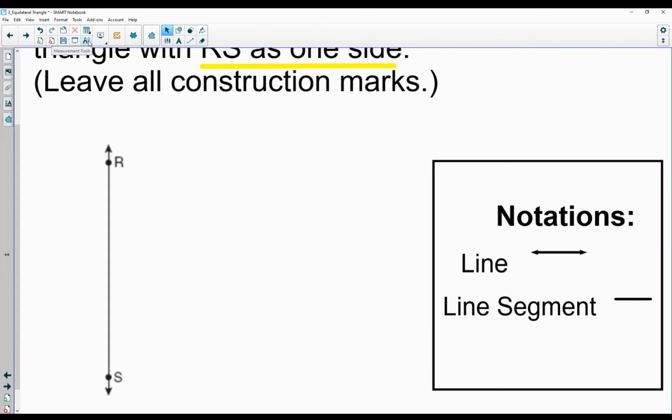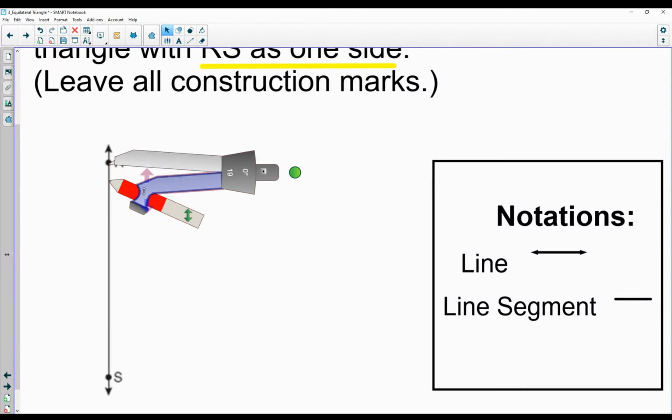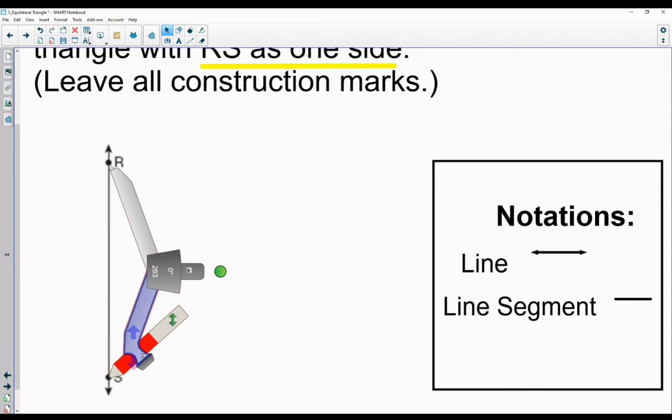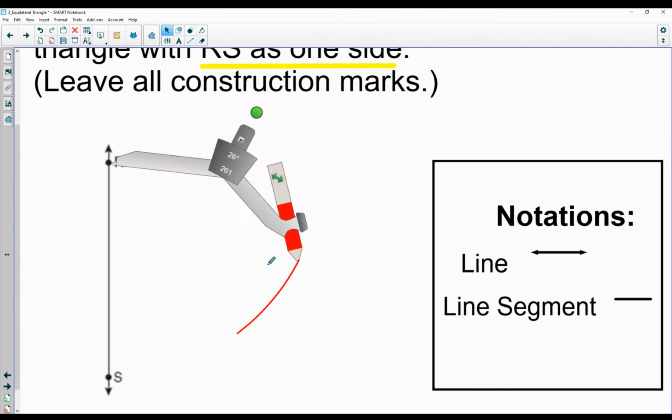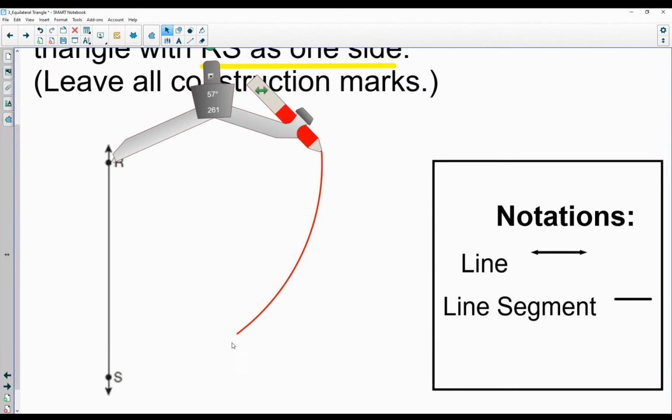So to get this construction done, we're just going to follow the same steps. You, by all means, should probably pause and try this out, but I'm going to work through it. So I'm going to put my needle on endpoint R, my pencil on S, and swing my first arc rather large up here. So I know my third point should be somewhere along this arc.